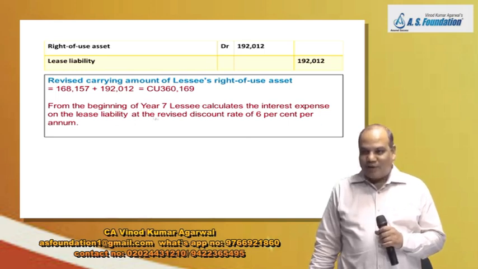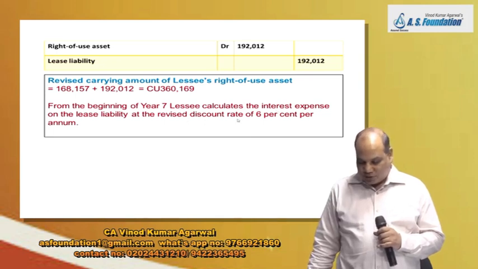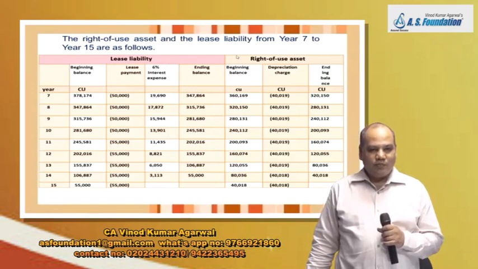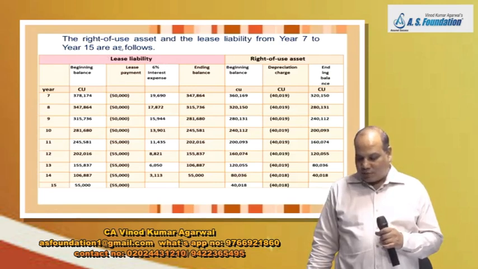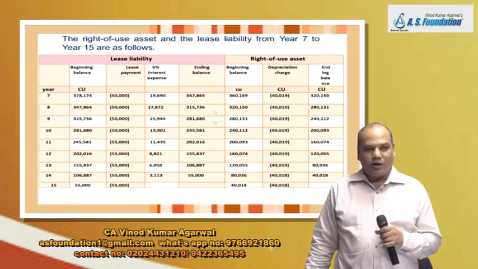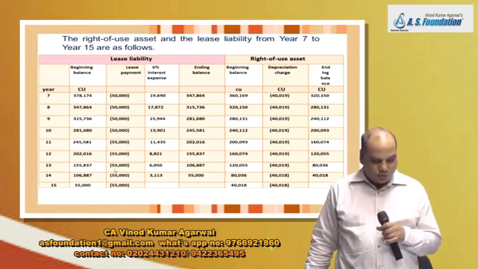From the beginning of year 7, lessee calculates interest expense at 6% per annum. Now, in case they ask you in the exam, show the lease liability at the end of each year till year 15, this is how your lease liability account would move in your book also.